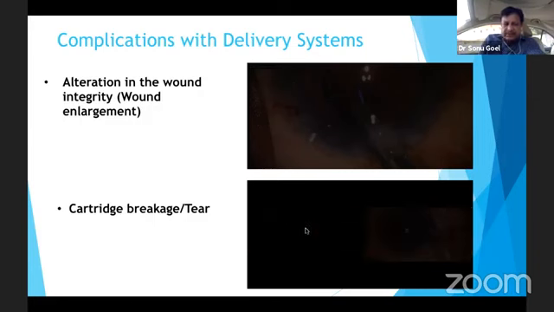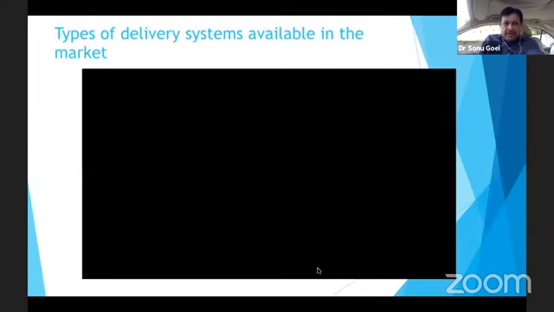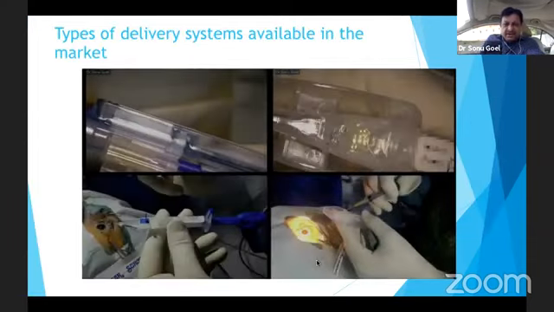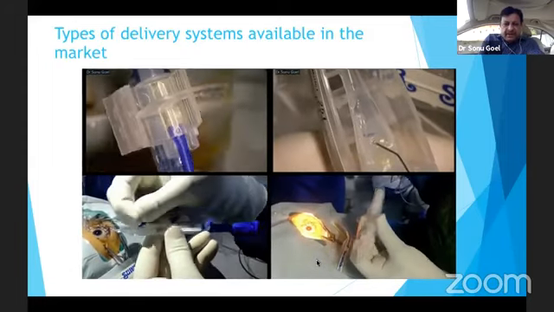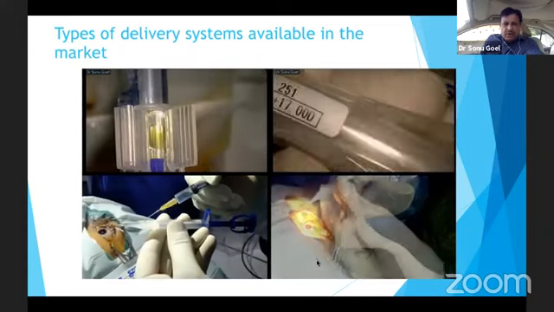These are the points which made me wonder and go back to the literature, to the numerous publications in the JCRS and worldwide on the predictability, safety and efficacy of these preloaded IOL systems. So I compared the various preloaded systems available in the world market, with no commercial interests.